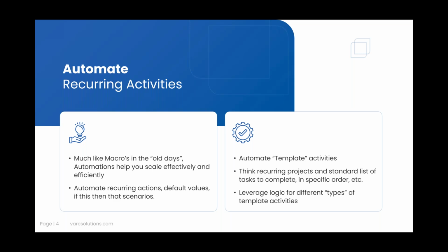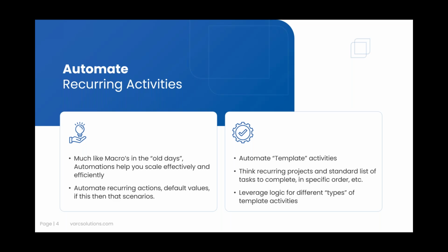But that's recurring activities. It's putting in things like default values. Every time you create a record or add a client to a database, there may be defaults that are always in place that you can automatically include, so that you're not having to create a client and then manually go in and add those defaults. Just some basic stuff there.